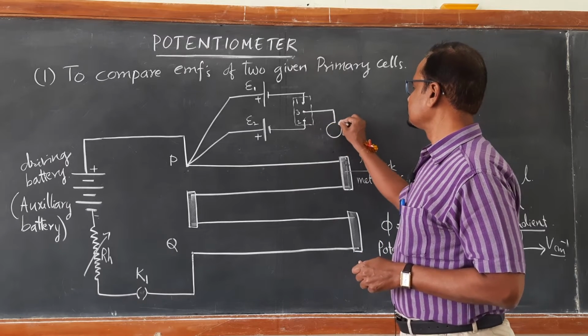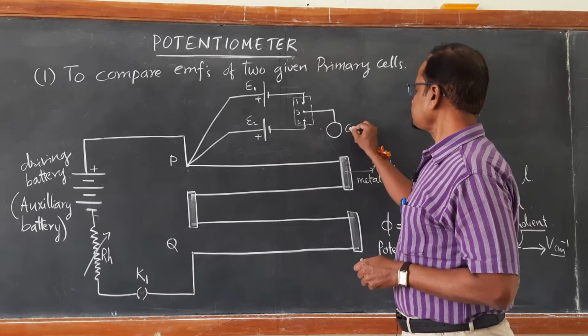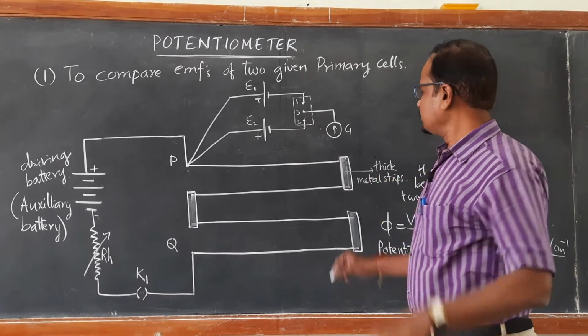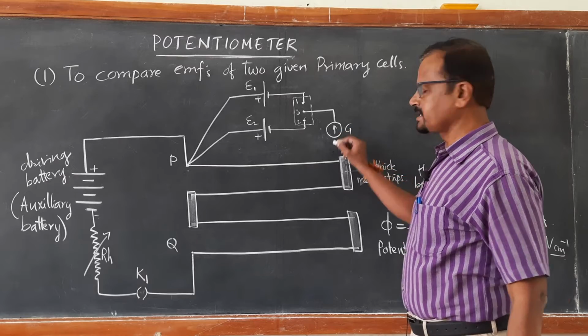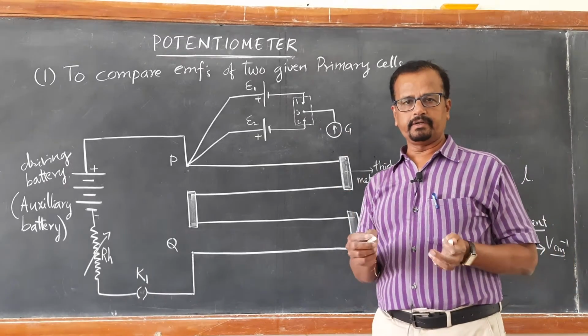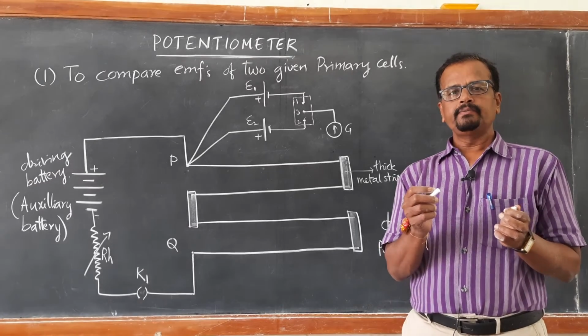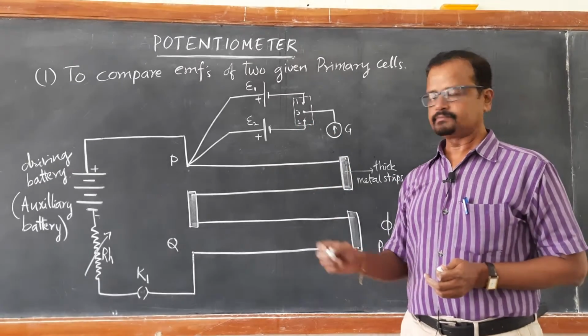Now this middle, common terminal is connected to a galvanometer, and the other terminal of the galvanometer is connected to a jockey, a sliding contact, which will be having a very long wire.